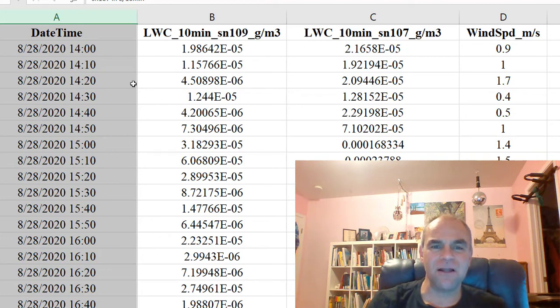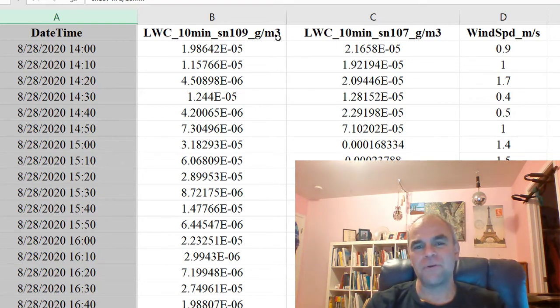All right, so the first column is the date and time. It's local. This would be daylight savings time. It was in August, and also early September. The second column, the acronym LWC stands for liquid water content. And what it means, it's the amount of water in grams per cubic meter that was recorded by one of the FM-120 fog collectors.